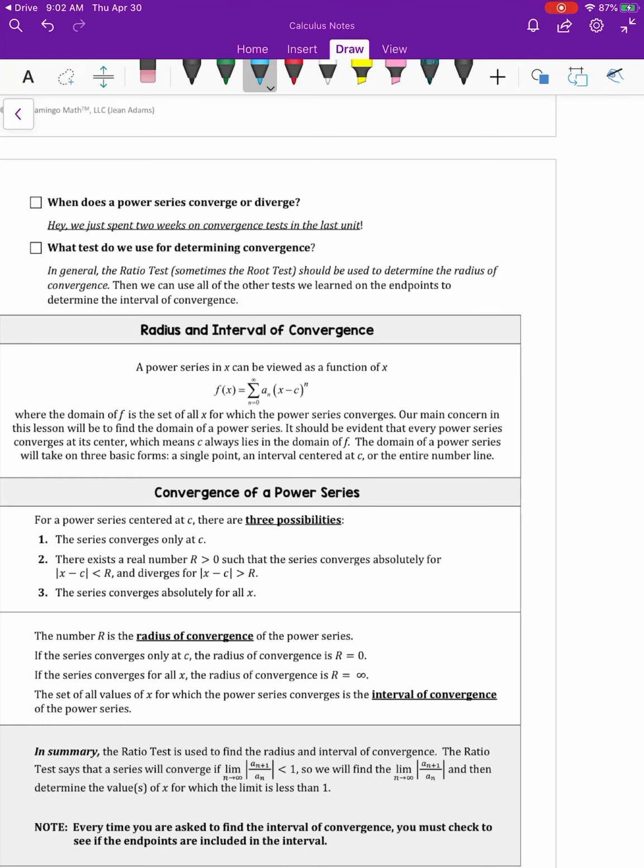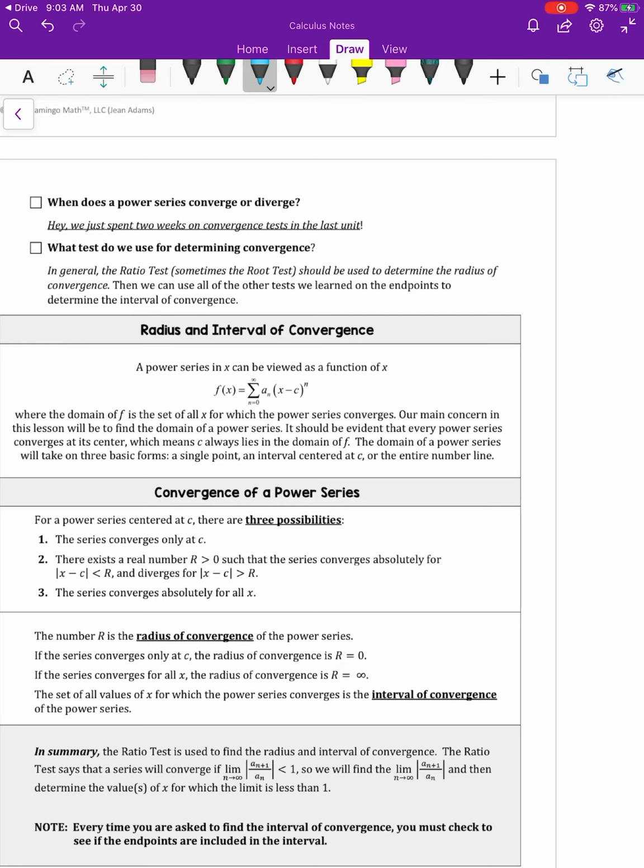For a power series centered at c, there are 3 possibilities. One, the series converges only at c, so only at that one point. Two, there exists a real number R greater than 0 such that the series converges absolutely for the absolute value of x minus c less than R, and diverges for the absolute value of x minus c greater than R. Or three, the series converges absolutely for all x.